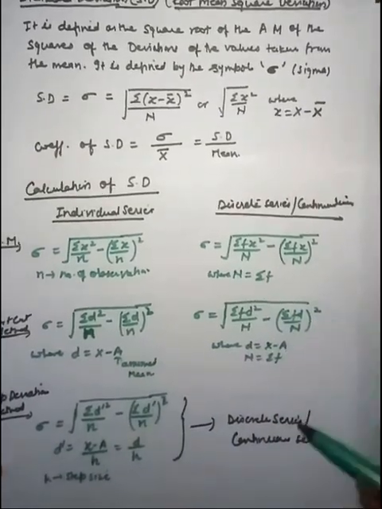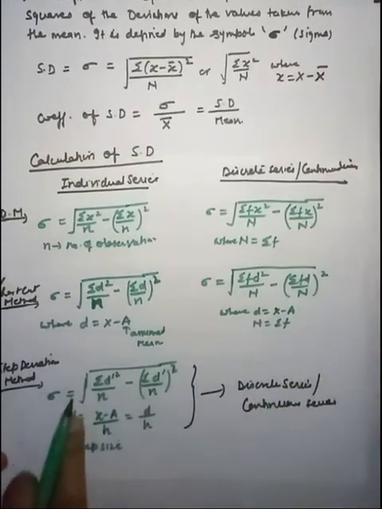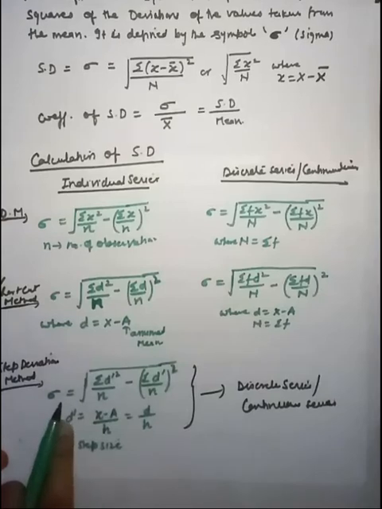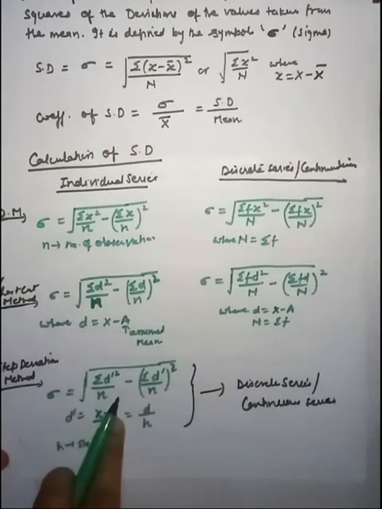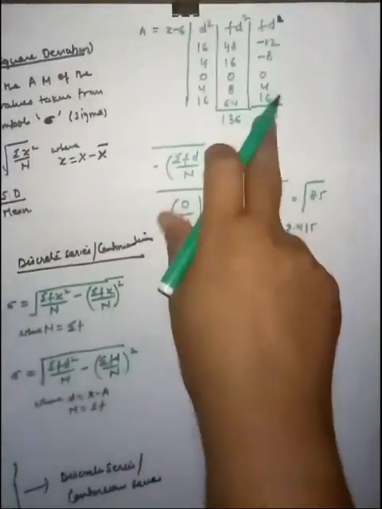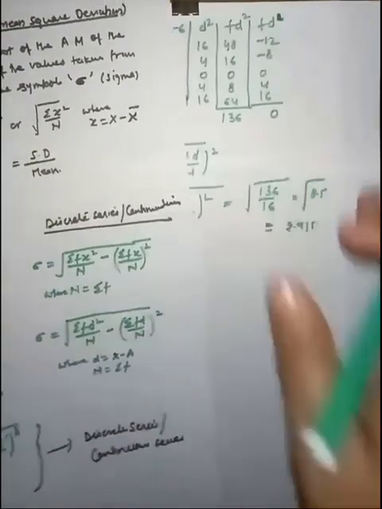Similarly, for this example, you make one column for d dash. What is d dash? D dash is d upon h, and find the d dash. Then use the same procedure as usual for the shortcut method, right friend?